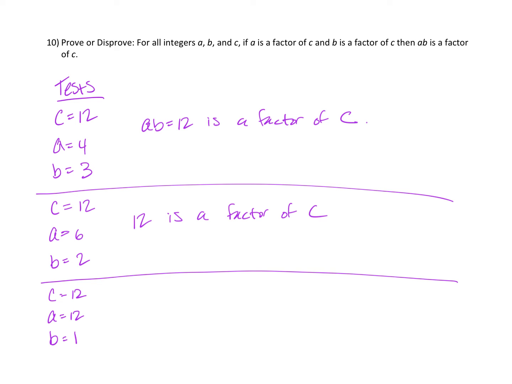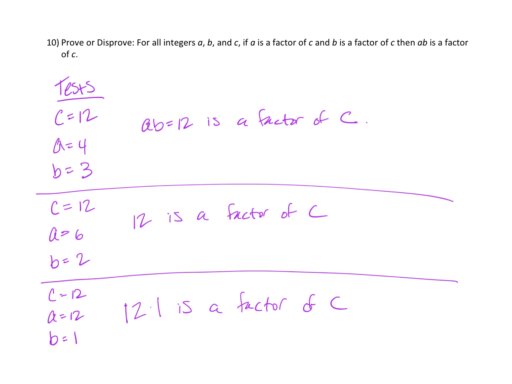All right, so we have 4, 3, 6, 2, 12, and 1. Those are all the factors of 12, right? Okay, so a is a factor of c, b is a factor of c, a times b is a factor of c. So that one works. 12 times 1 is a factor of c.